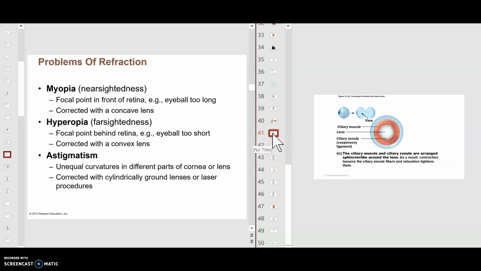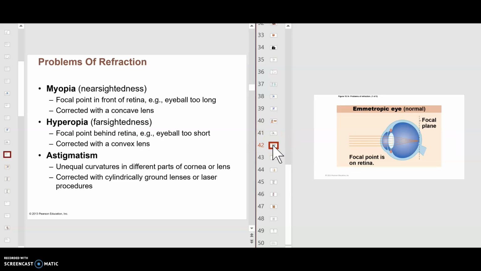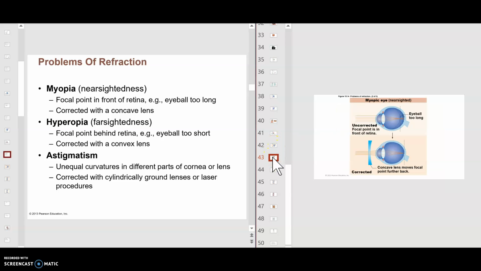So when we go to that, let me go here. Here's emmetropia. The light comes in properly, goes to the lens, focuses at the right focal plane. When we look at myopia, the problem is the eyeball is too long. So when the light comes in, it hits in front of the retina rather than on the retina for the image.